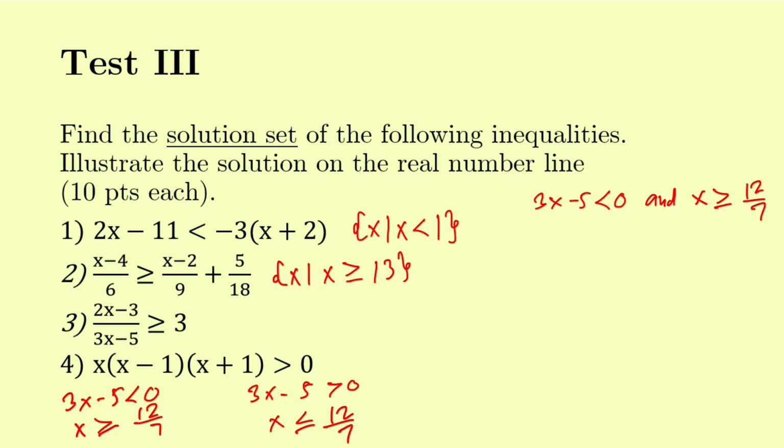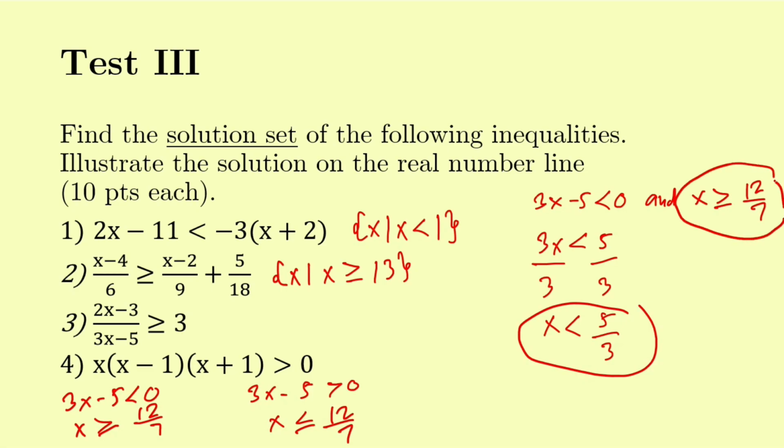Paano natin ma-evaluate to? We will solve for x doon kay 3x minus 5 is less than 0. Kaya magiging 3x is less than 5. Divide both sides by 3. X is less than 5/3. The question is, can a number be less than 5/3 but greater than or equal to 12/7?